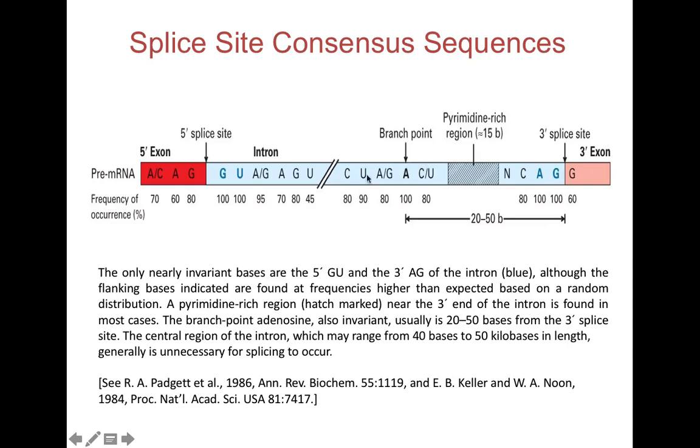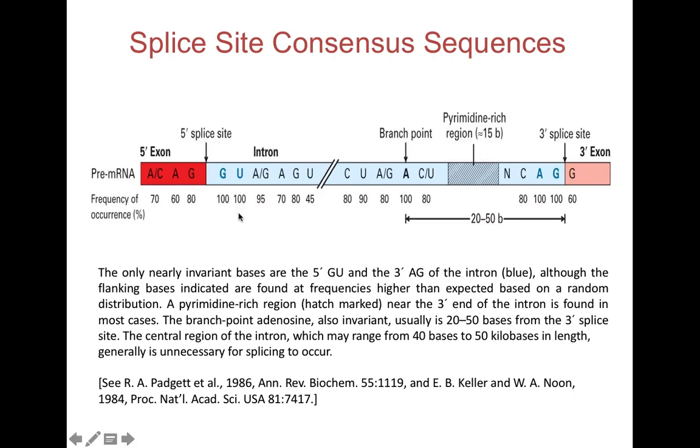This cut in the middle means there's a long range of nucleotides in the middle, and we need to look at two consensus sequences, the consensus sequence at the 5' splice site and the consensus sequence at the 3' splice site. So what are these sequences, and what is the function of these different sequences?